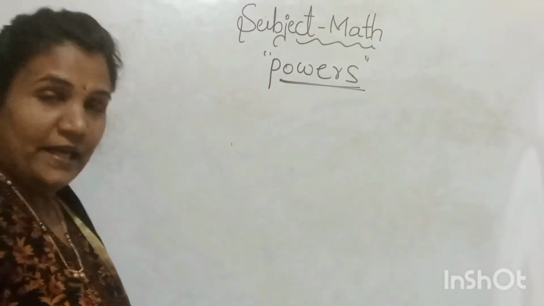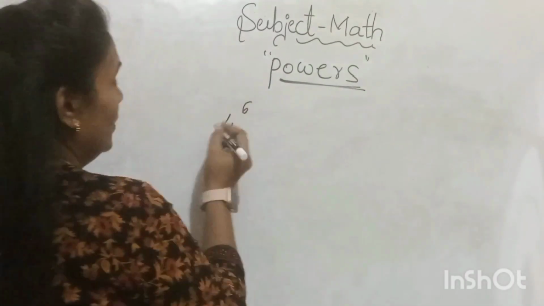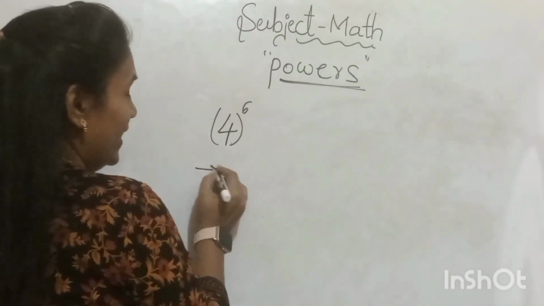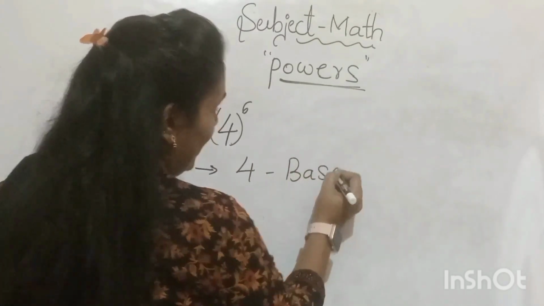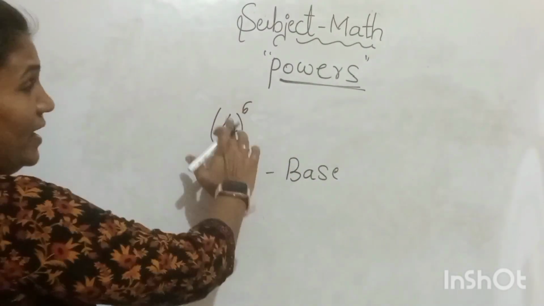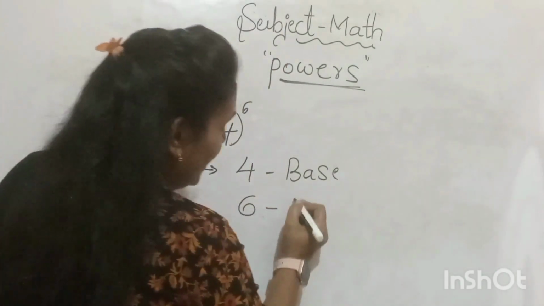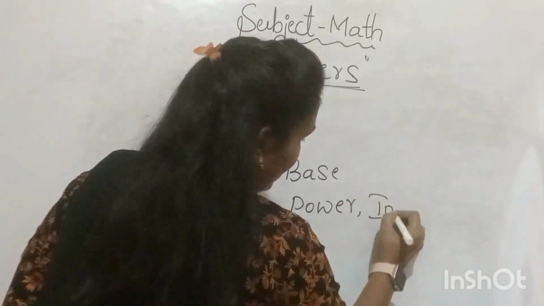One example I'll take. See, 4 to the power 6. What is this 6? What is this 4? As you know already from your earlier classes, 4 is the base. And 6, which is on the upper side, is called the power or index.